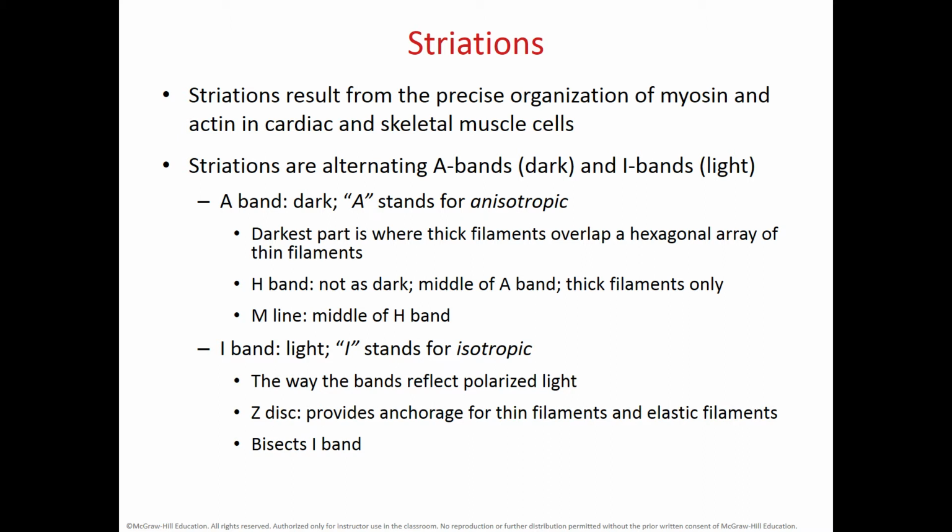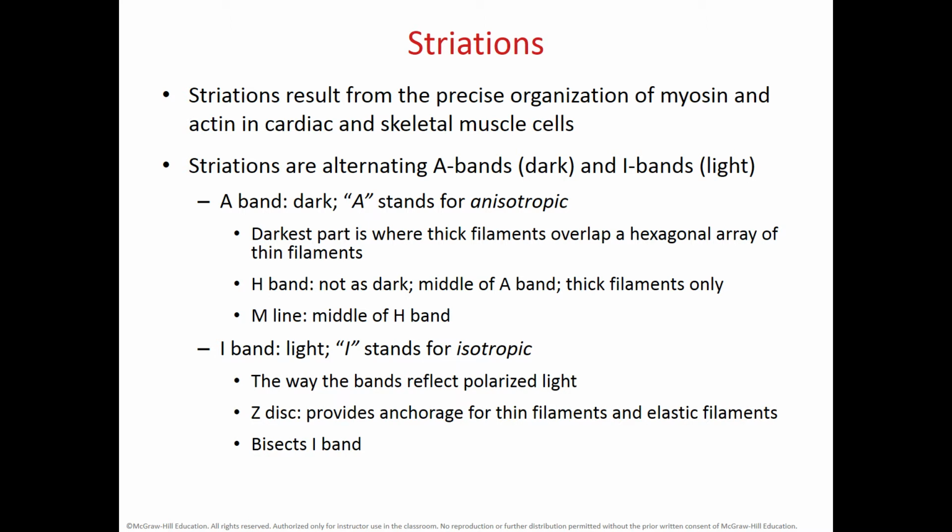And then in the H band of the A bands, you don't have these thin filaments. You only have thick filaments, so you have only myosin. And then in the middle of the H band, you have a line that is called the M line.